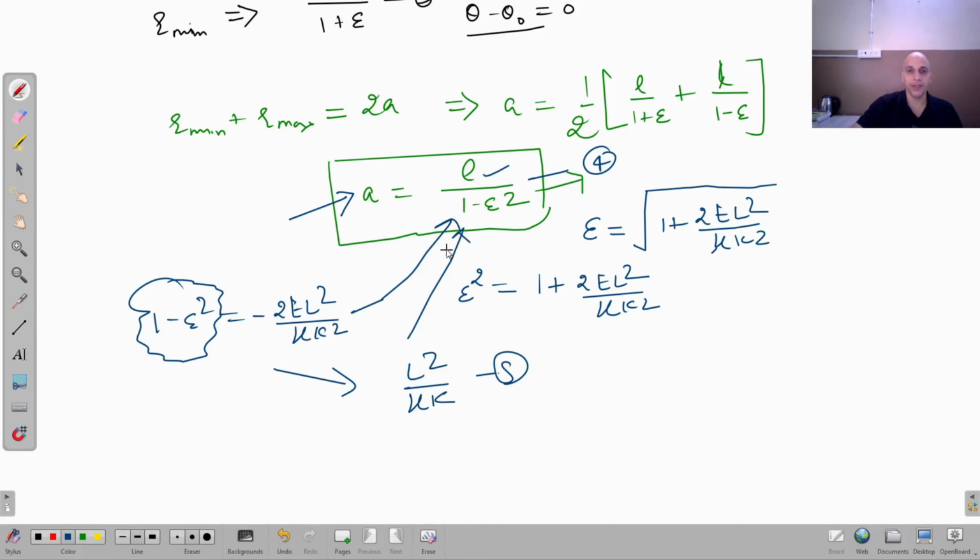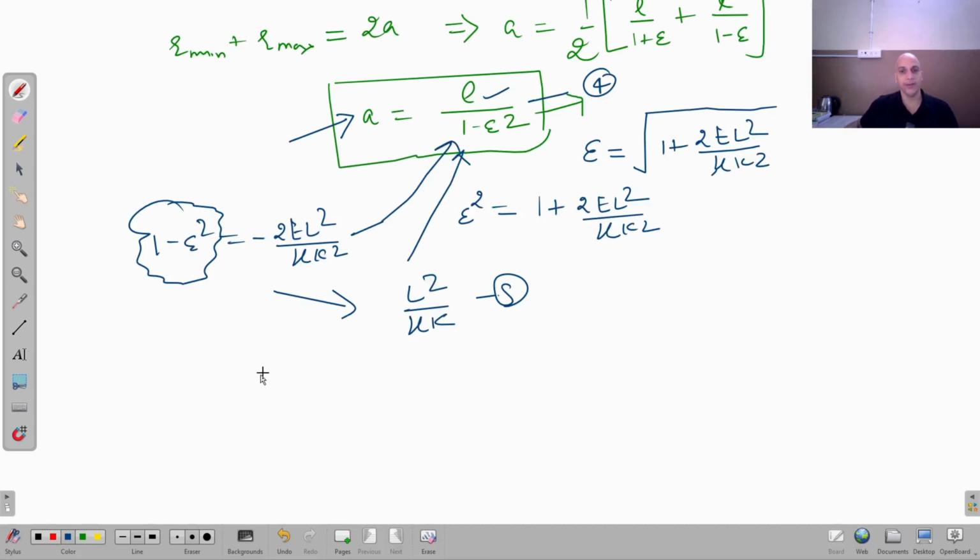So then after putting, what I will get? I will get the value of A. A is equal to L, and L means L square upon mu k, into 1 upon 1 minus epsilon square. So it will become mu k square upon minus 2EL square.